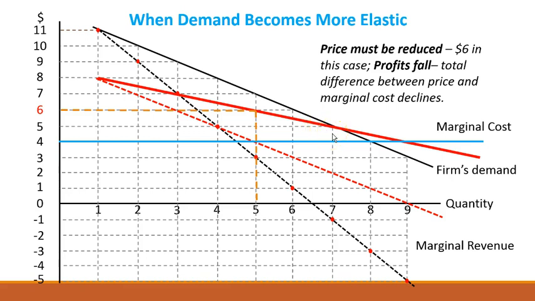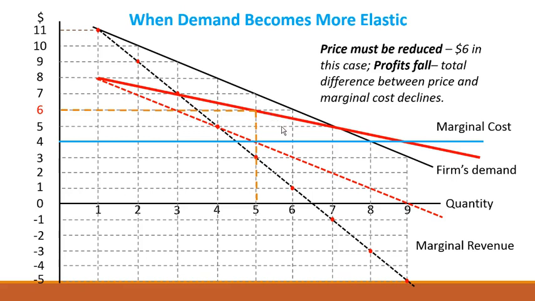When demand is more responsive to price, that increase in price decreases quantity demanded from 7 to 5. As an exercise, you could just calculate the price elasticity of demand for those two curves, and you would see that this red demand curve here is more elastic than the black one.